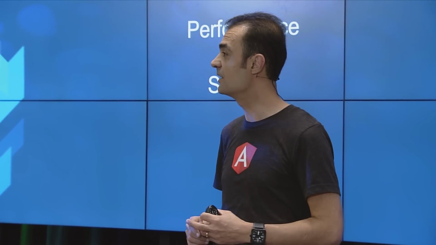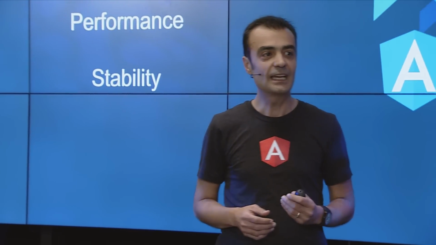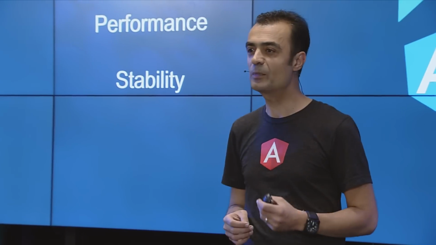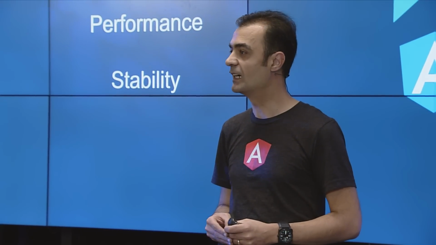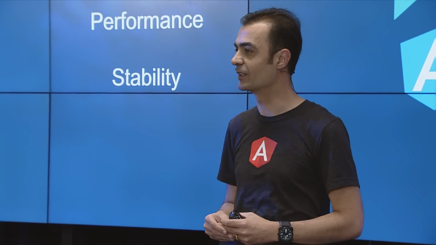Because we want to make sure once they ship these into production, the apps stay stable and they keep on running at high performance. So about stability, since last summer, we've been working with these large Google teams to get Angular Dart into production.